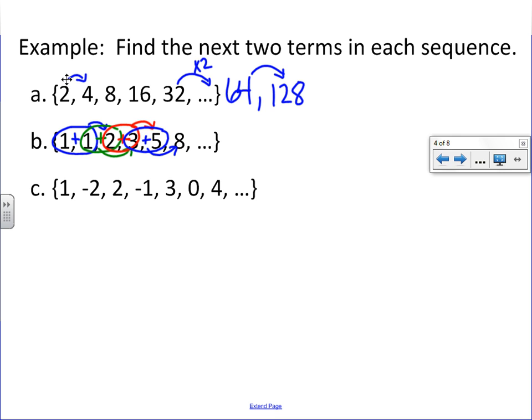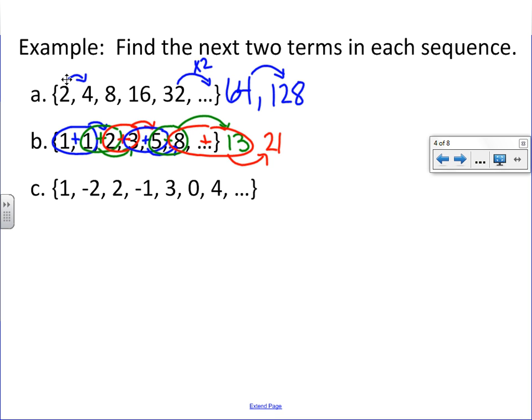If we take 5 plus 8, that should get us our next term, which is 13. And then we take 8 plus 13 to get our next term, which is 21. This sequence is called the Fibonacci sequence. It's a special sequence that mathematicians enjoy.